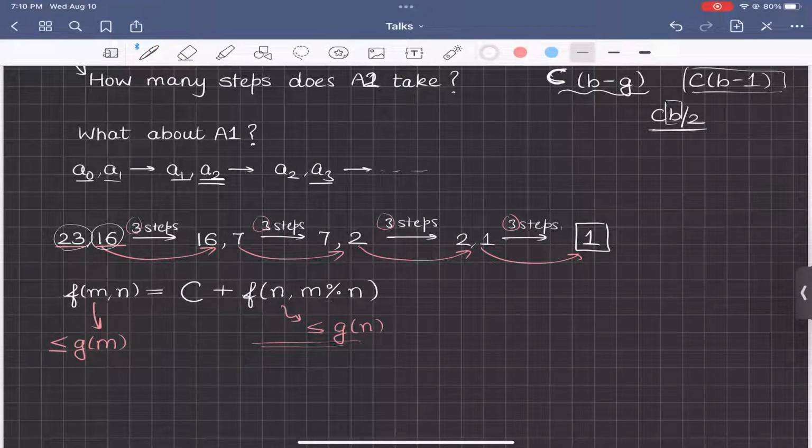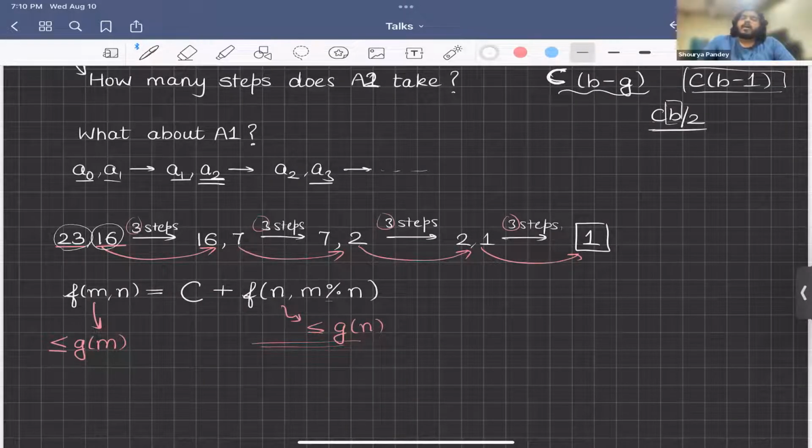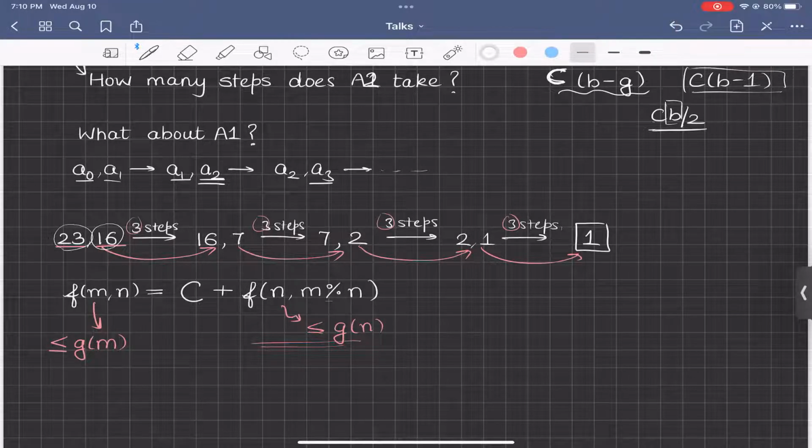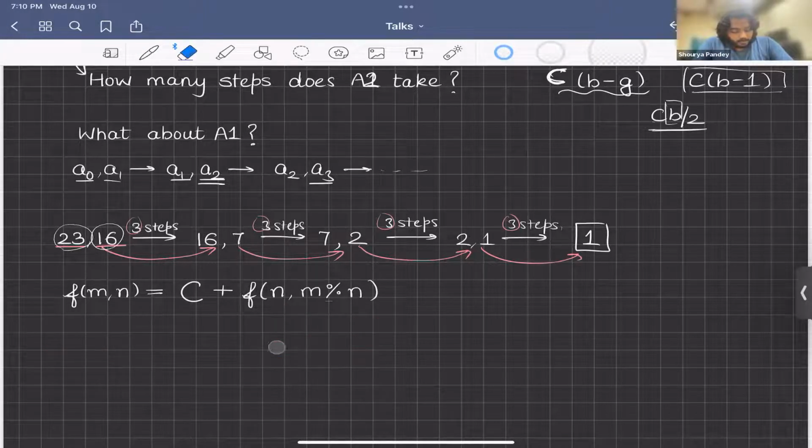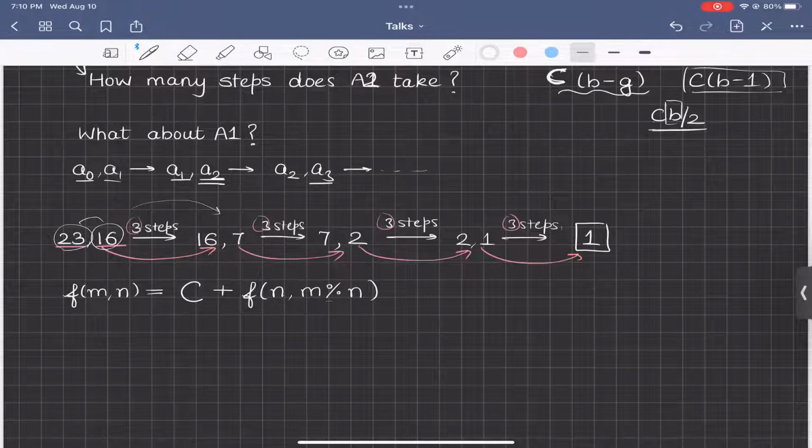No, log 2 of m plus n is at most log 2 of 2m, where m is the maximum. What reaches half? Could you repeat? The sum of these two, like 23 plus 16 becomes 16 plus 7. So it has to halve each time, right? So your invariant is that the sum of the two numbers becomes at most half of the previous one. So then you keep halving. Is that true? Can you show that?